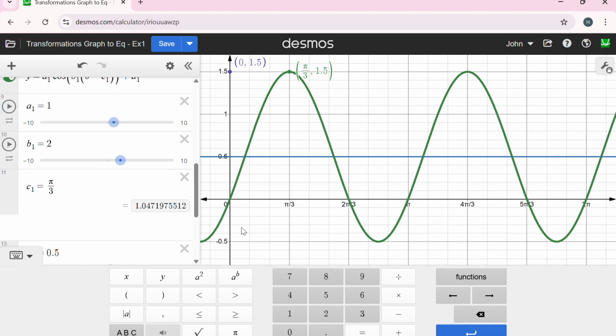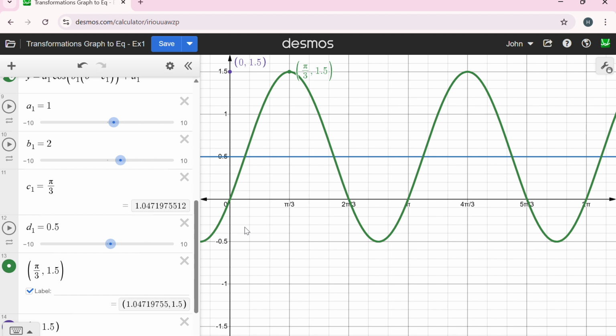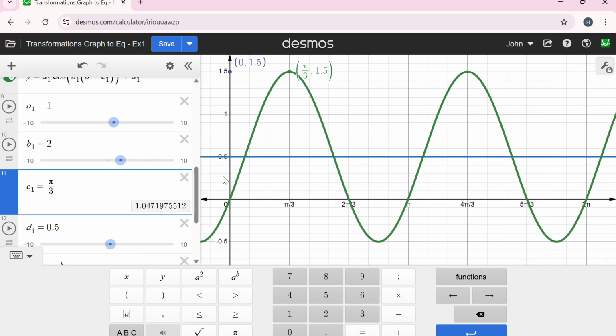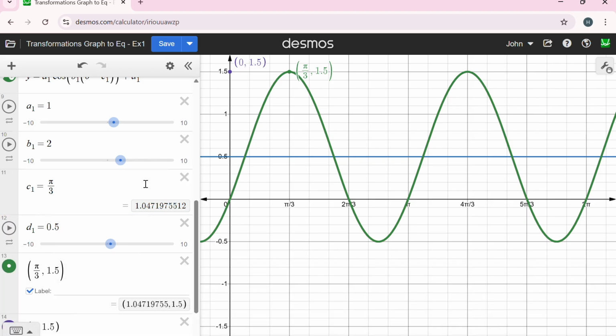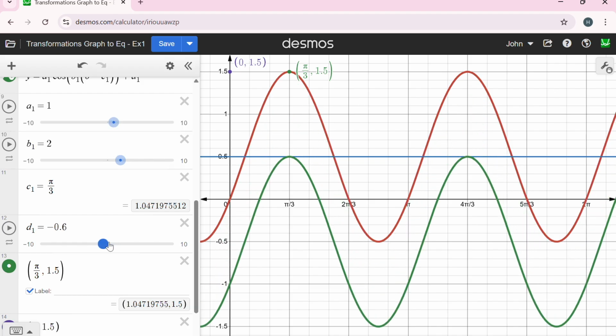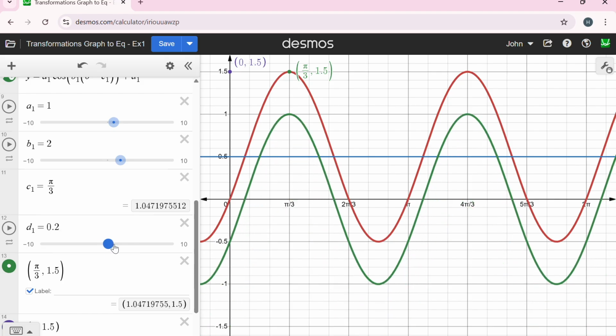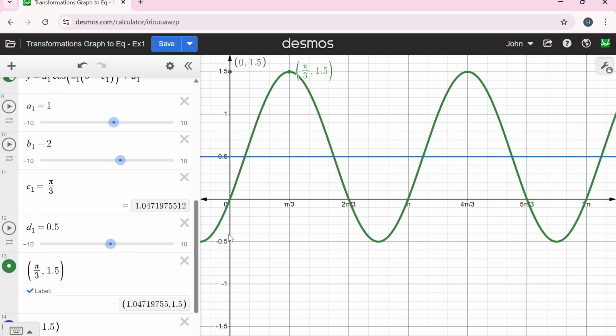That green graph is now at the same point, and now it matches our transformed graph, the red graph. If I reverse the vertical shift and then go back up, you can see the two graphs match.